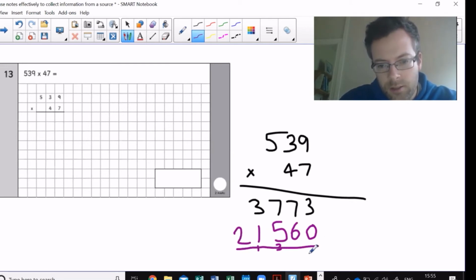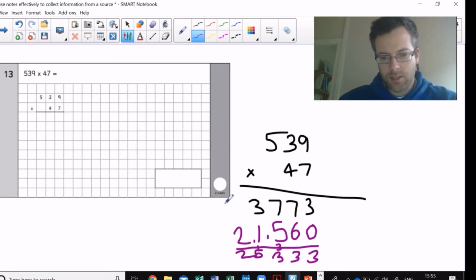And then I add those up, so I've got 3 ones, 13 tens, 12 hundreds plus that one, so 13 hundreds, 4 thousands plus that one, so 5 thousands and 2 10,000s, 25,333. I think. If I'm wrong, let me know.